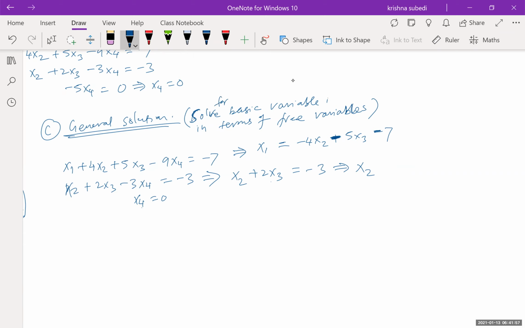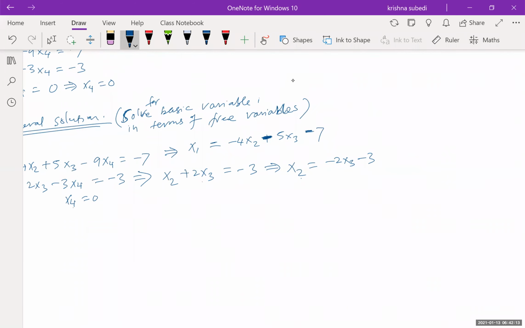Since x3 is free, you may want to express x2 in terms of x3, which means x2 equals minus 2x3 minus 3. Okay, we got x2 there. Now you substitute this value of x2 here and get x1 in terms of x3 only, x3 and numbers.